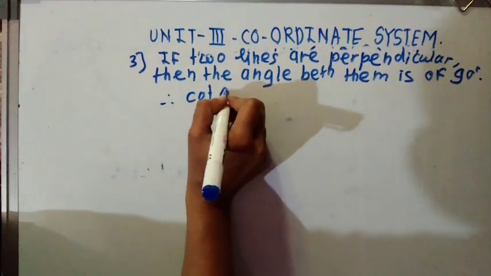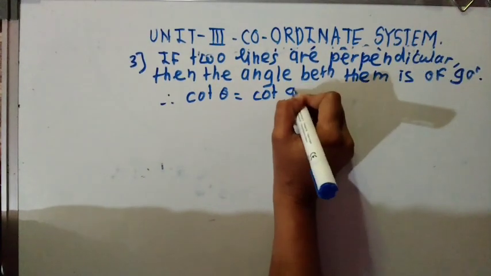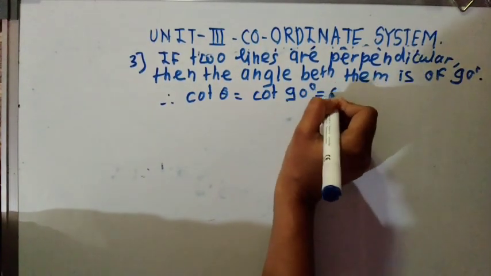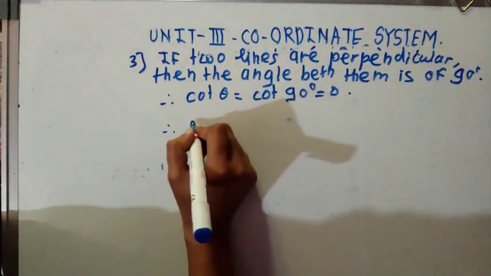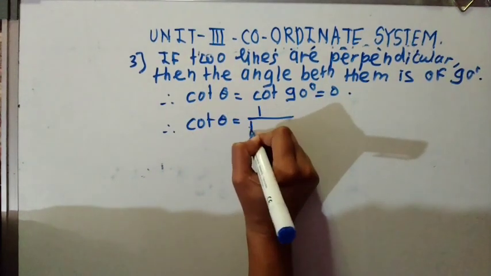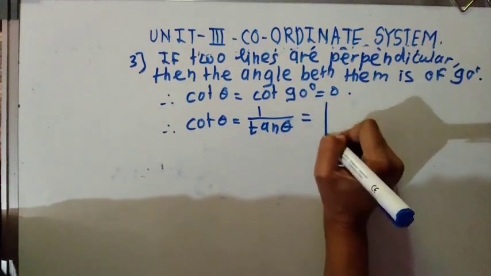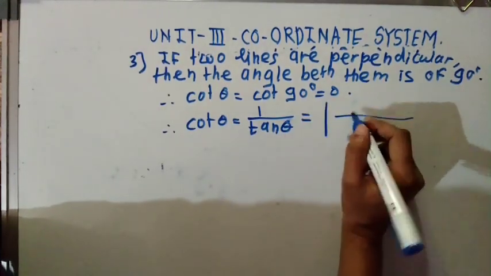Suppose, first, given cot theta, cot 90 degree is equal to 0. But cot theta, we know, is 1 upon tan theta, which is (1 plus m1 m2) upon (m1 minus m2).